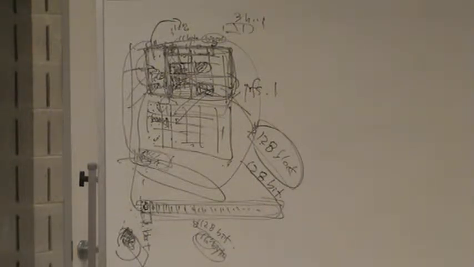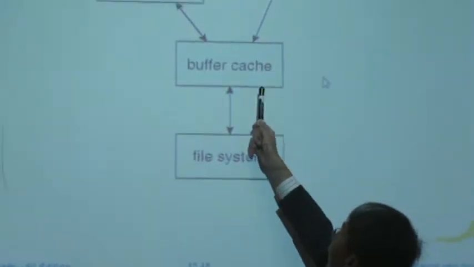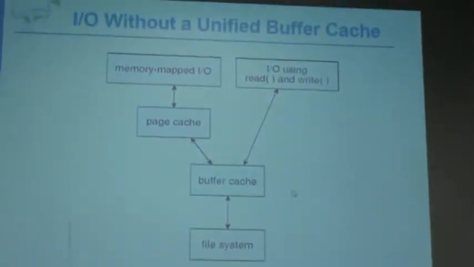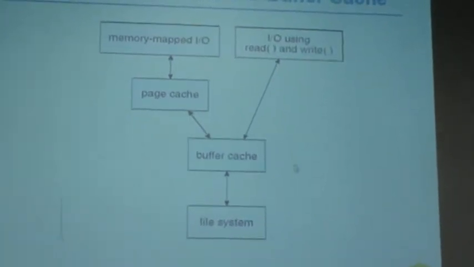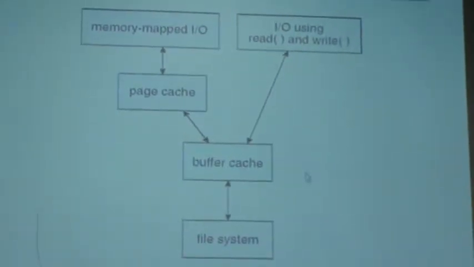So you can use such a cache area to increase the performance of I/O. This slide shows how to use such a page cache. The buffer cache is in the hard disk drive, and then that can be cached in the memory space as a page cache.